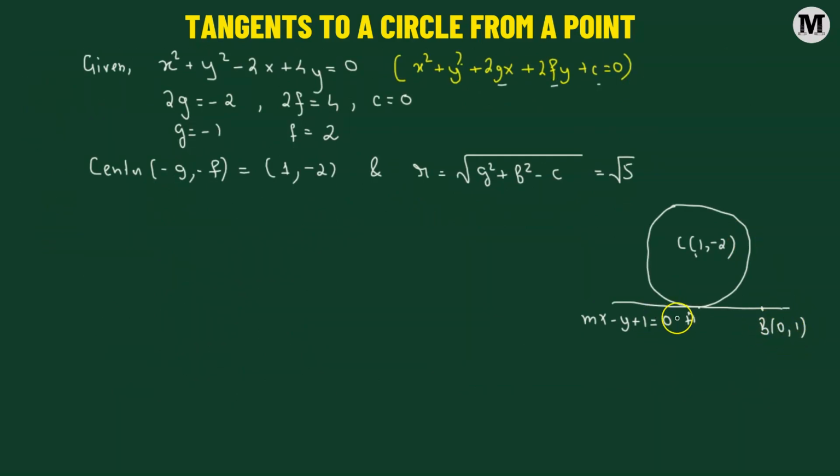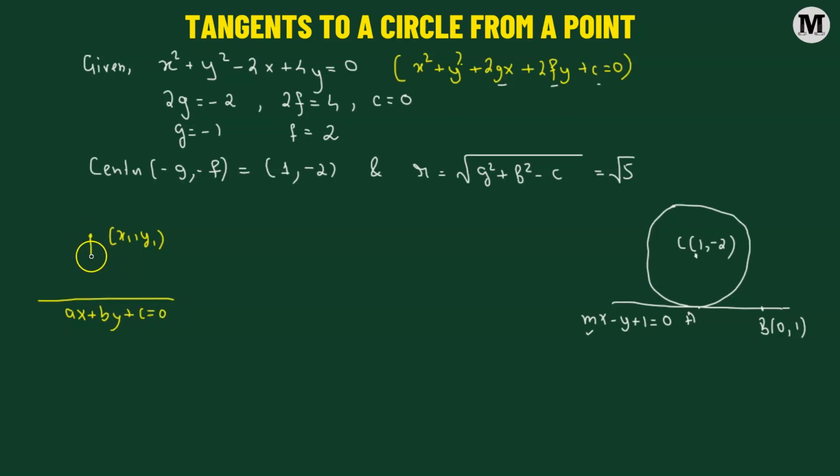Now, in order to find the equation of the tangent line, our goal will be to find the value of the slope m. To do that, we're going to use the formula for finding the perpendicular distance of a point from a straight line. So let's quickly recap that formula. Let's say we have a point having the coordinates (x1, y1), and we have a straight line with the equation ax plus by plus c equals 0.